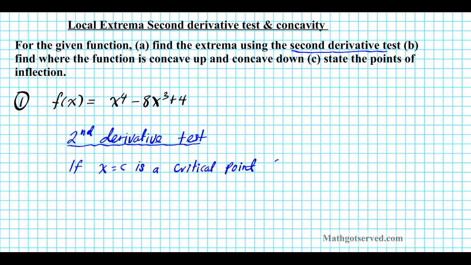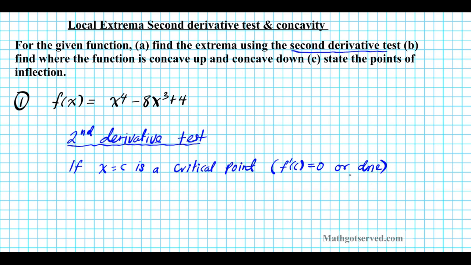That means that at x equals c, the derivative is 0 or does not exist. Okay, so if x equals c is a critical point, then f prime of c is equal to 0 or it does not exist. That's what it means to be a critical point.